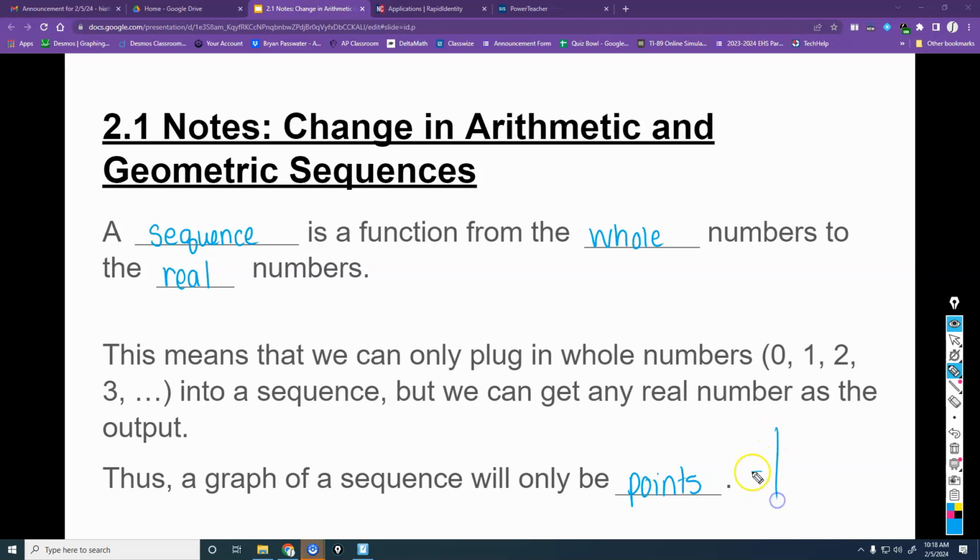It is going to just look like, let's say we had a quadratic, it would just look like this. Those points would not be connected for that. So these are very similar to functions, but they're a little bit different because they're not connected. You're only plugging in whole numbers to them. So do the next slide for me.